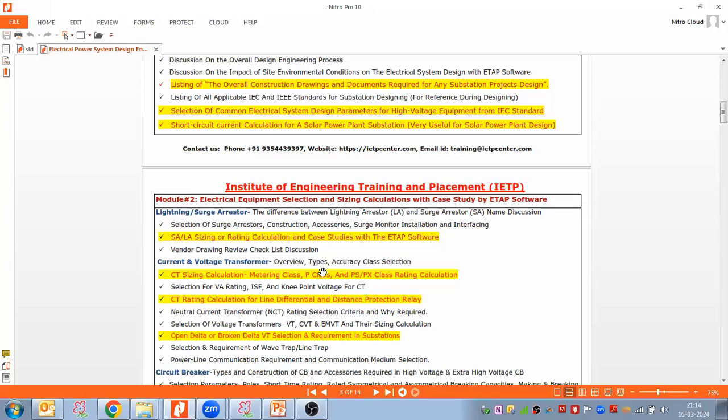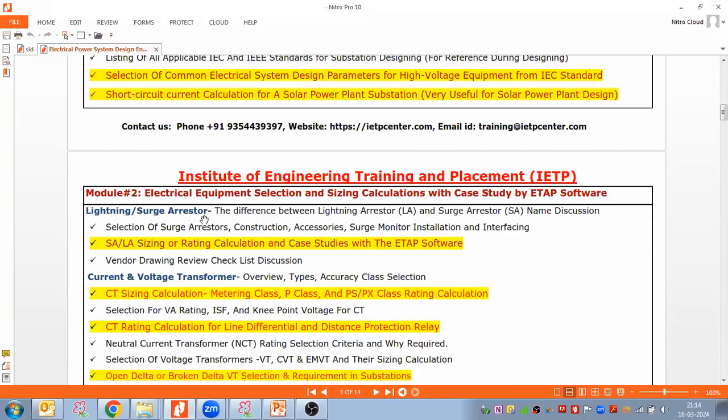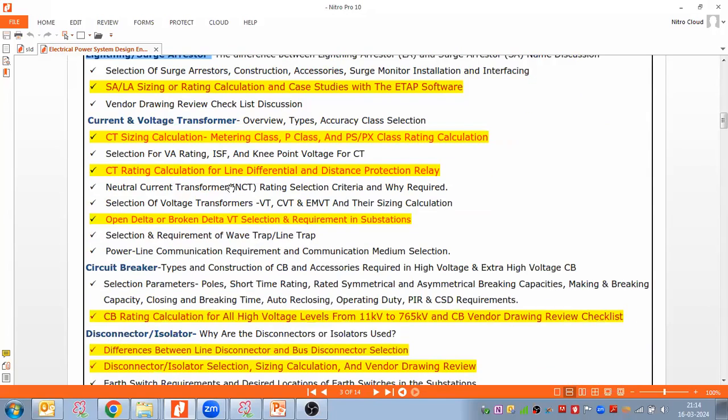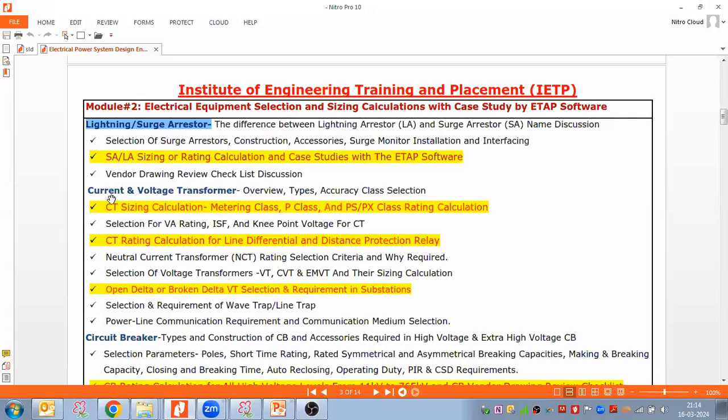So far we have covered the lightning or surge arrestor, their selection and rating calculation based on the voltage level. After that, we started CT and VT, the current and voltage transformer sizing.